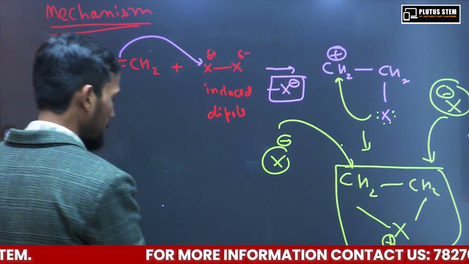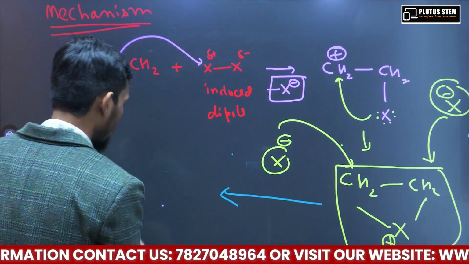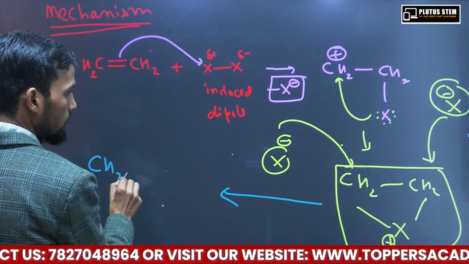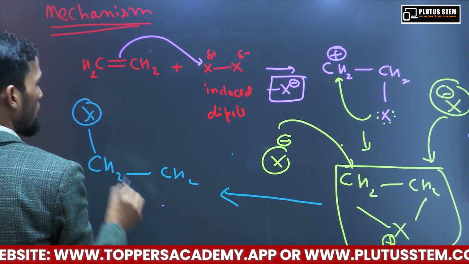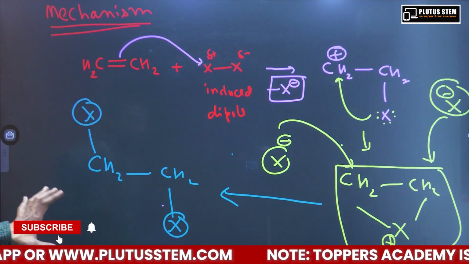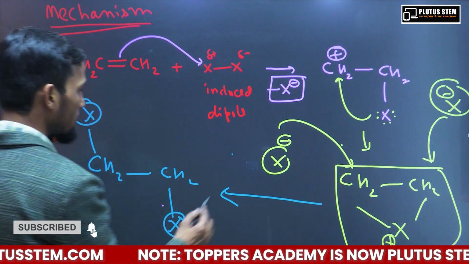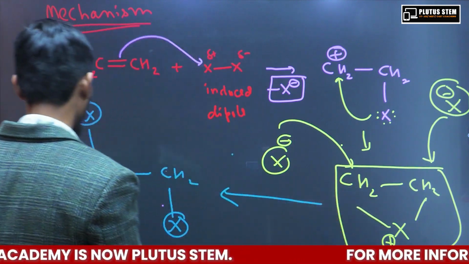So what will happen? It will attack over here and we will get a product like this, CH2 single bond CH2. If this attacks from the upside, the other moves down. That is anti-addition. The other possibility is that if the X attacks from the upside at the other carbon, this leaves from this side.